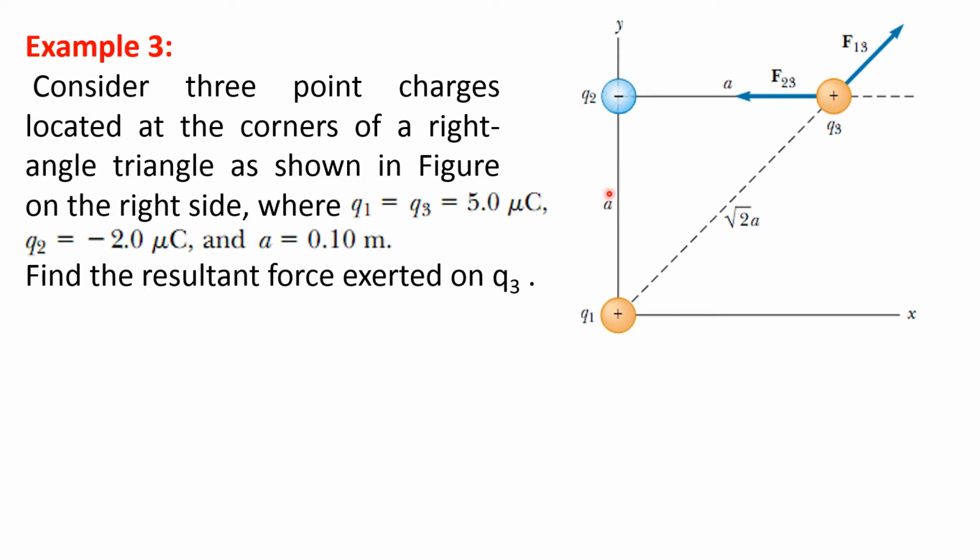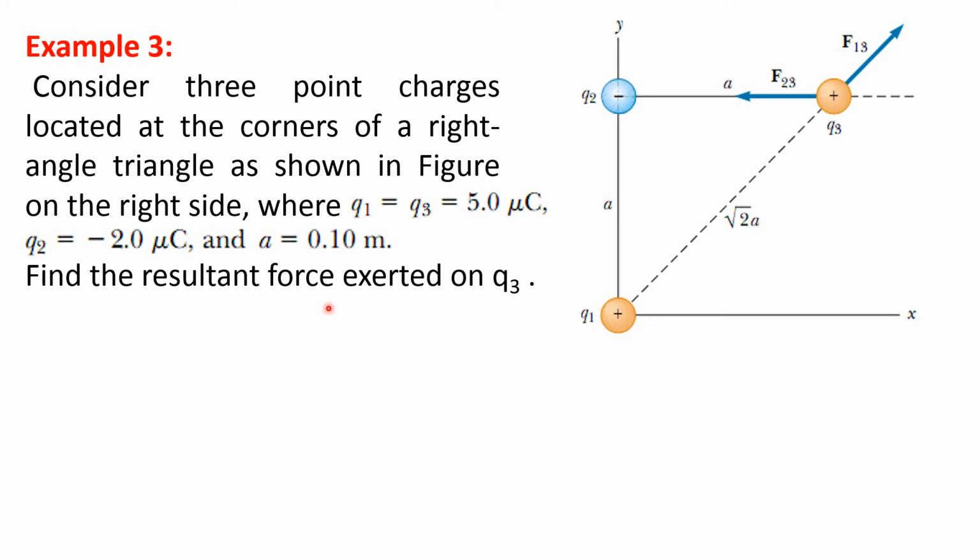And this distance a is equal to 0.1 meter. We are asked to determine the resultant force exerted on charge Q3. This question is similar to the previous questions, and we are going to find its answer as follows.